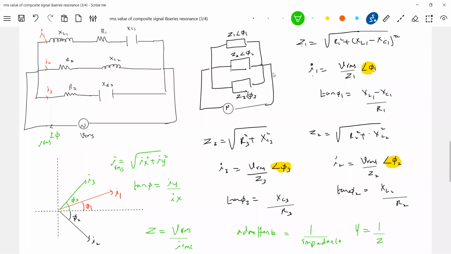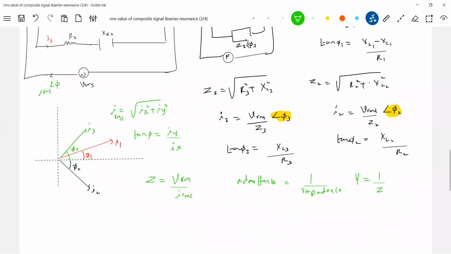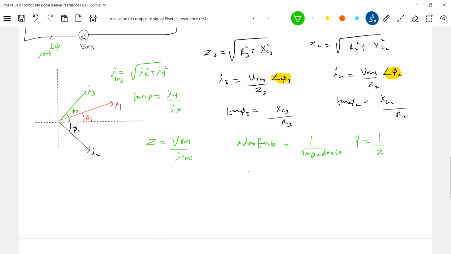So 1 by Z1 plus 1 by Z2 plus 1 by Z3 should be equal to Y1 plus Y2 plus Y3. Then another thing: the reciprocal of resistance is called conductance. So the reciprocal of impedance is called admittance.